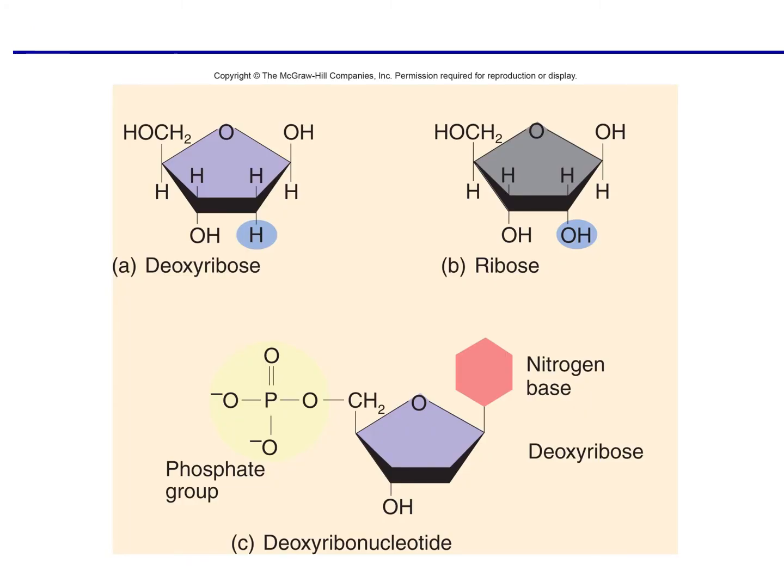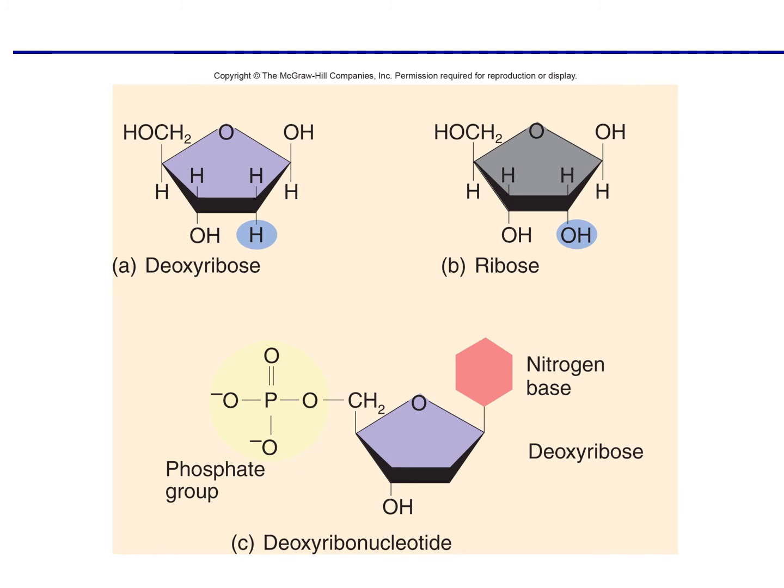This is the basic structure of a nucleotide. So at the bottom, we see that a nucleotide has a 5-carbon sugar as part of its structure, and that sugar is of 2 types, either called deoxyribose or ribose. Sugars commonly end in the OSE suffix.